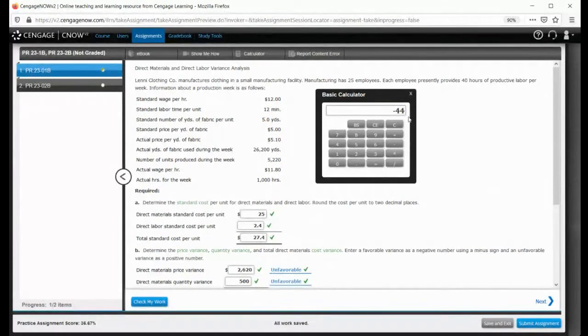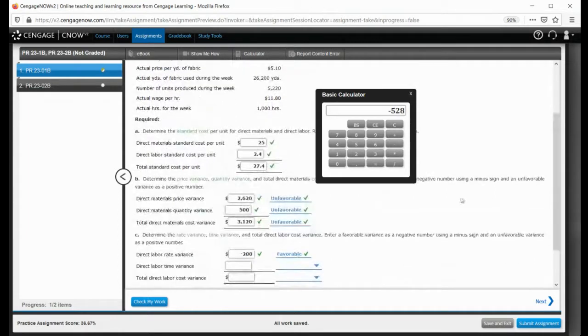That gives me a negative variance, which means it's going to be favorable, that I have to multiply by the standard rate, which was $12 per hour. And that's going to give us a total amount of a negative $528. That's going to be the favorable amount for this company. Do you understand how I got the direct labor time variance?